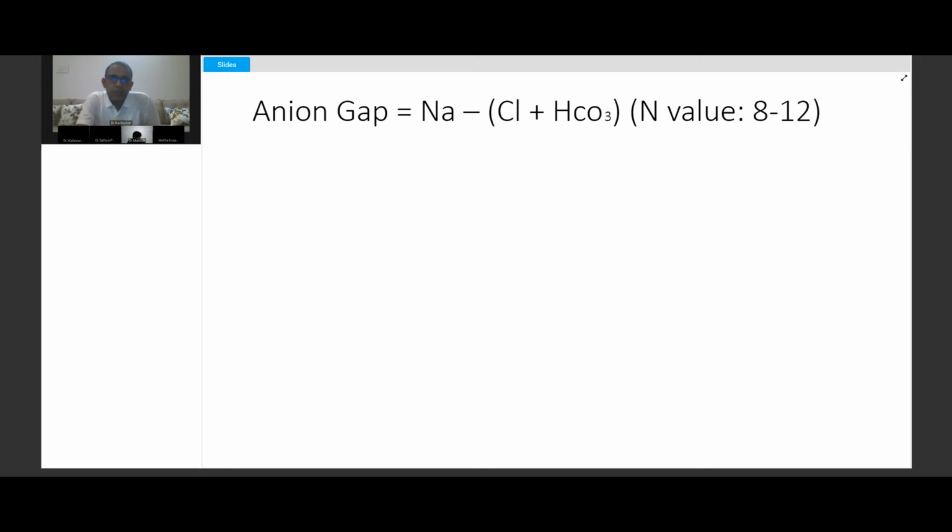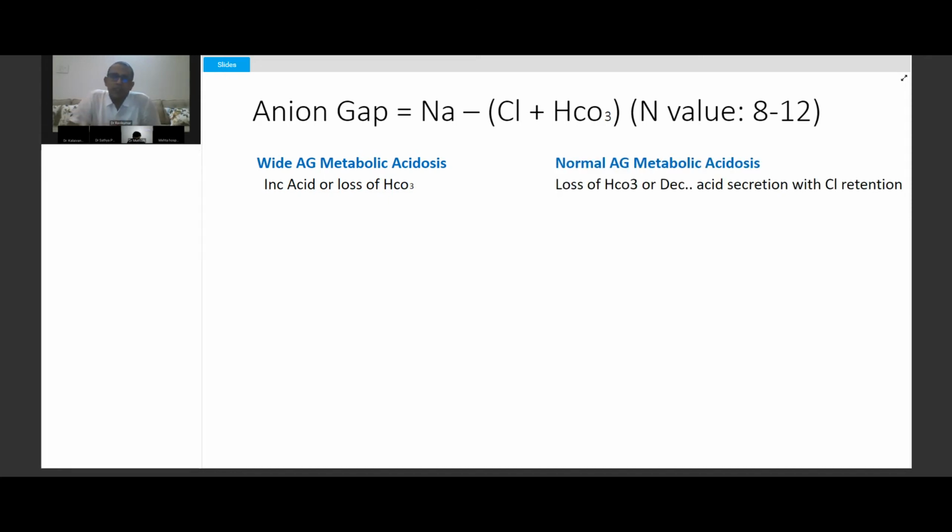Based on this, you can divide acidosis into wide anion gap metabolic acidosis and normal anion gap metabolic acidosis. In wide anion gap metabolic acidosis, you have increased acid production like lactic acidosis or ketoacidosis.